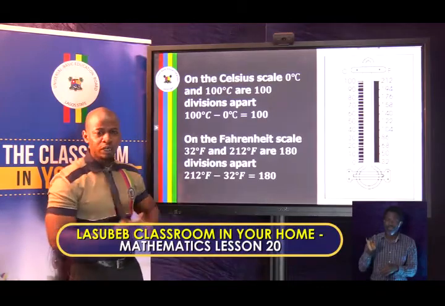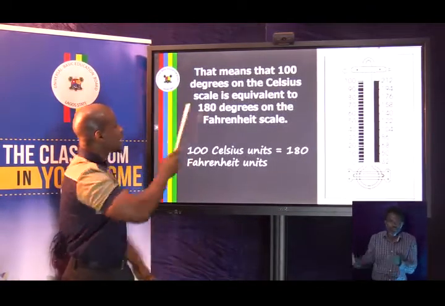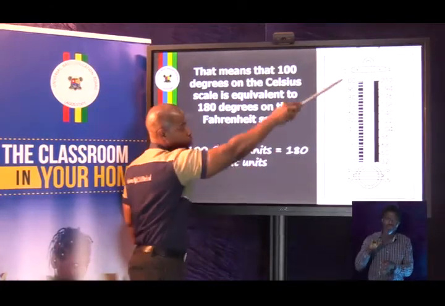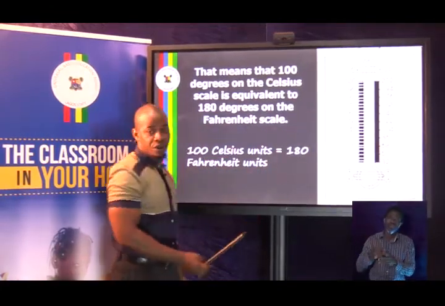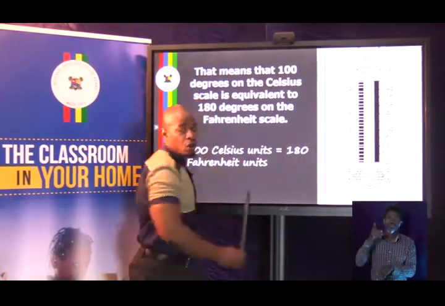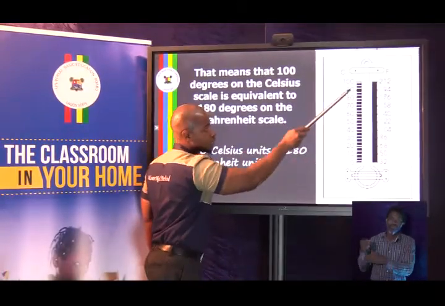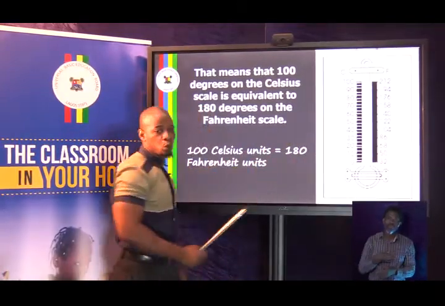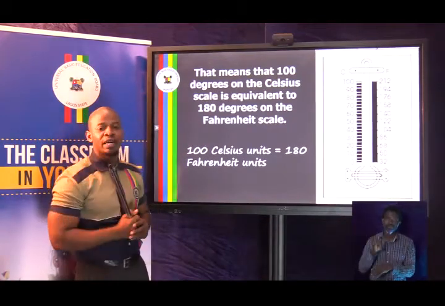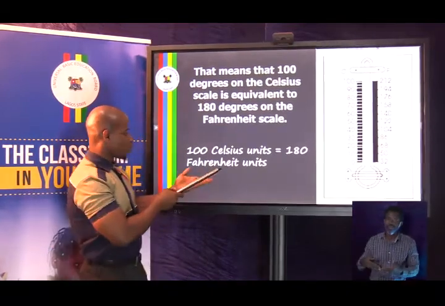On the Fahrenheit scale, there are 180 units between the boiling point and the freezing point of water. So how do we now relate this? Let's go on. That means that 100 units on the Celsius scale is the same as 180 units on the Fahrenheit scale, because the difference here is 180 and the difference here is 100. And that is what you have here.